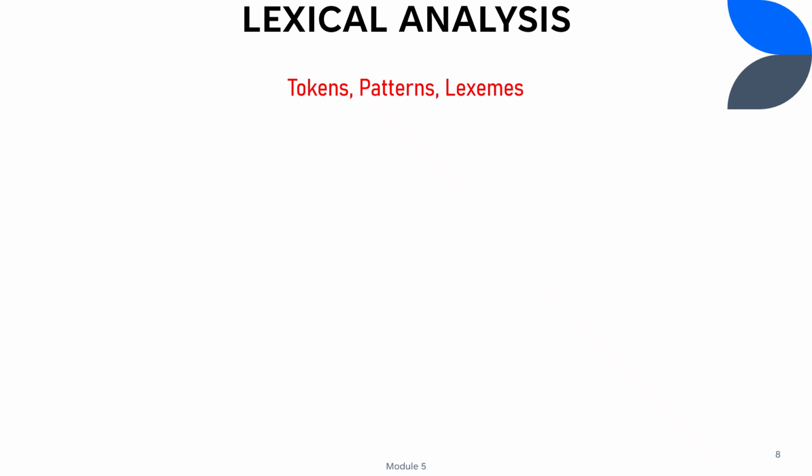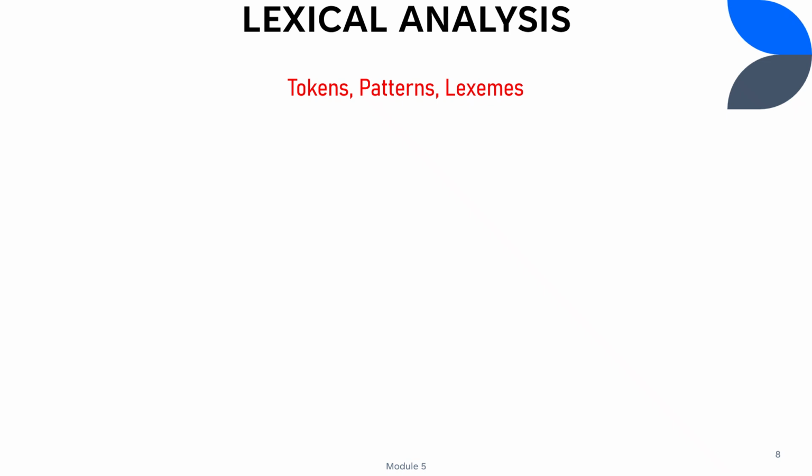Just before this slide, we saw that lexemes are identified by the lexical analyzer. So how is that done? Basically, the lexical analyzer is responsible for reading the source program character by character. It starts grouping the characters based on some predefined knowledge. This predefined knowledge is given to the lexical analyzer by providing regular expressions.